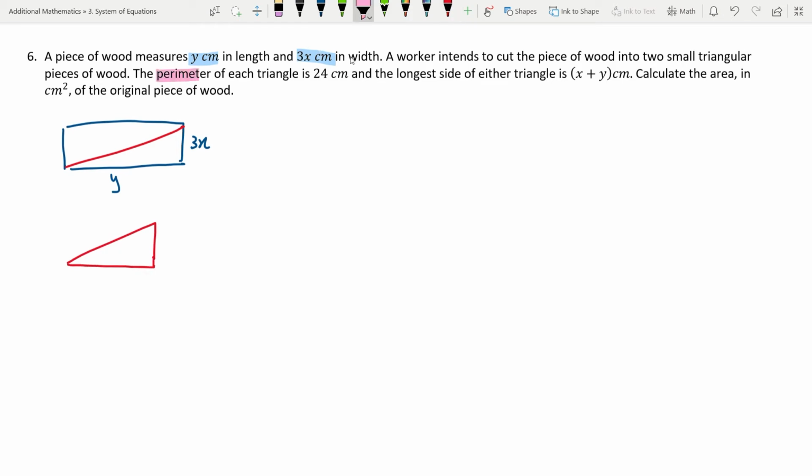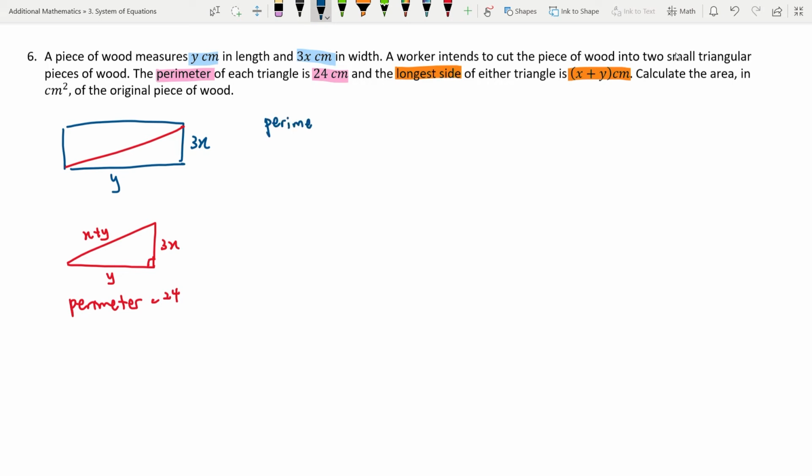The perimeter of each triangle is 24 cm, and the longest side is x plus y cm. This will be the length, and this will be the width. Let's form the equations.